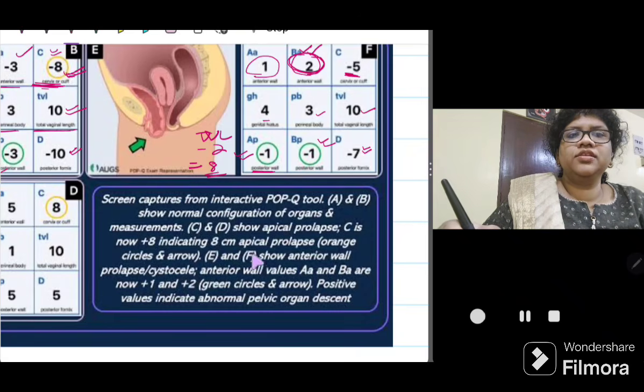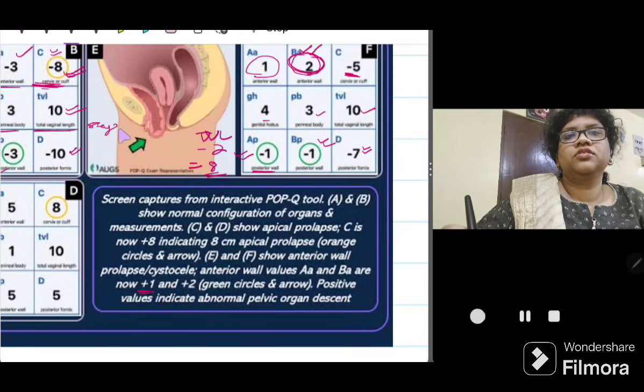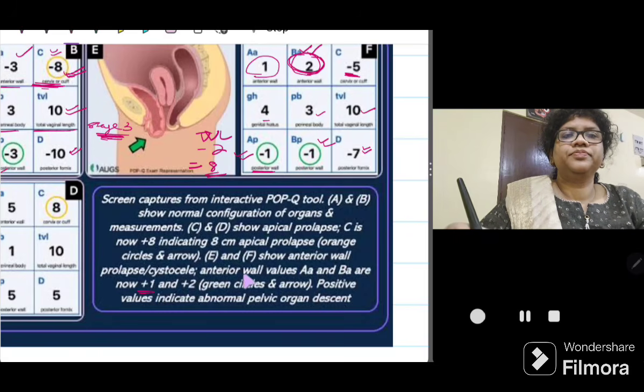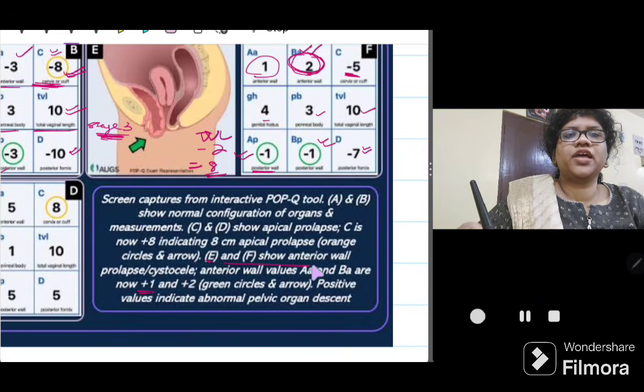So this is going to be a stage 3. Okay, so they have told the image shows anterior wall prolapse or cystocele, which are +1 and +2, and they indicate abnormal pelvic organ descent.